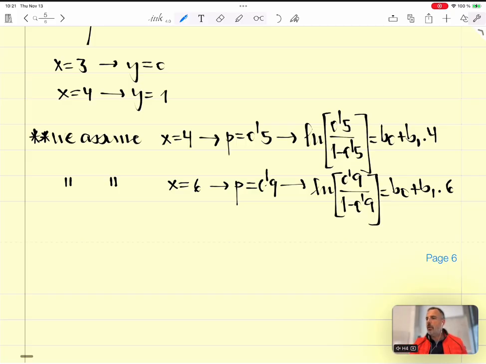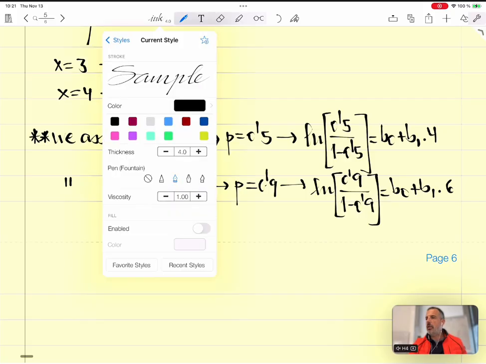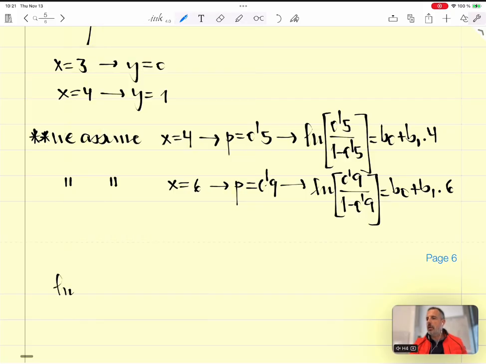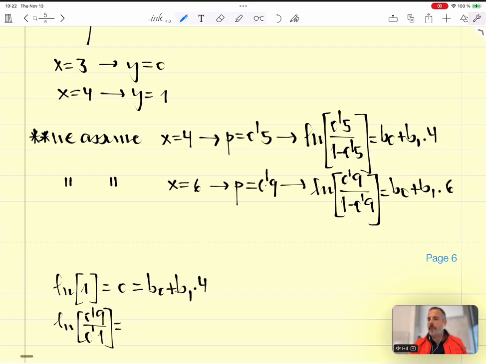So here we have the logarithm of 1, which equals 0, is b0 plus b1 times 4. And the logarithm of 0.9 divided by 0.1 equals b0 plus b1 times 6.